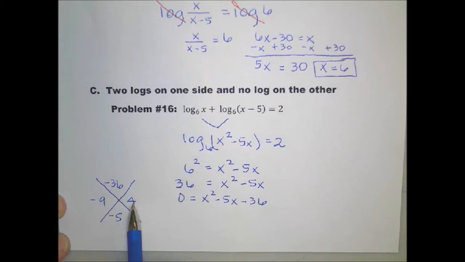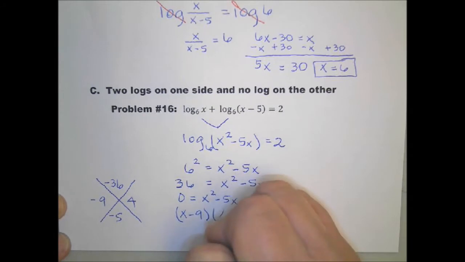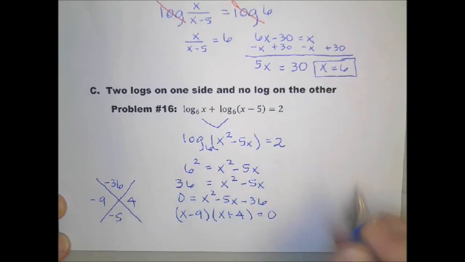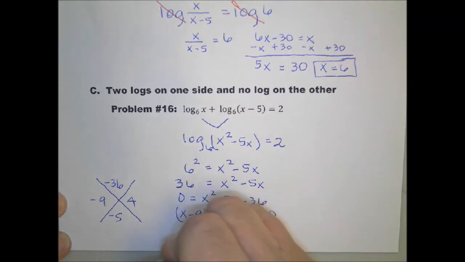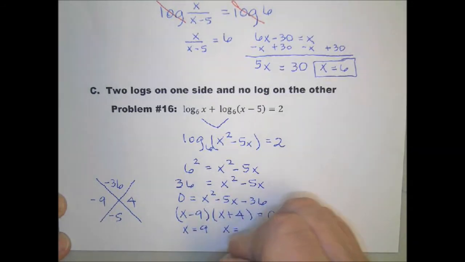Negative 9 times 4 is negative 36. Negative 9 plus 4 is negative 5. So that gives me factors of x minus 9 and x plus 4 equals 0. Now, if those are my factors, then my solutions are x equals 9 and x equals negative 4.